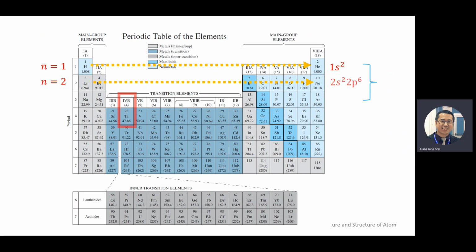If it is 2, you have 2s, 2p6. So you can make some notes there. Then this is by calculating the n. Then the third one is n equal 3.